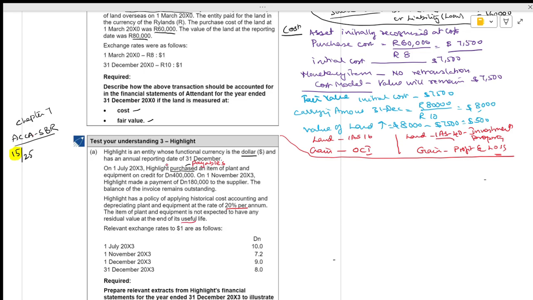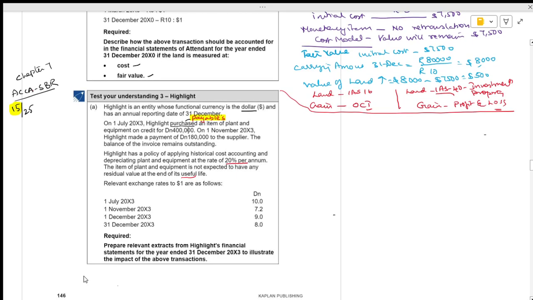We are primarily focusing here on payables. Make sure the primary focus is on payables. They have given the exchange rates for July 1st, November 1st, and 31st December. Prepare the extracts from Highlight's financial statements for the year ended 31st December.